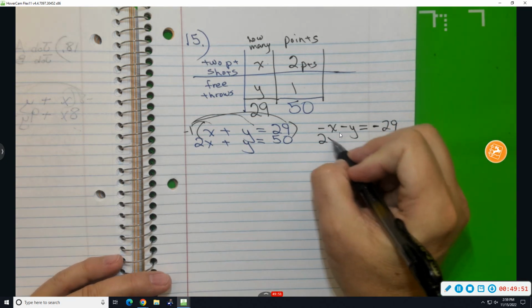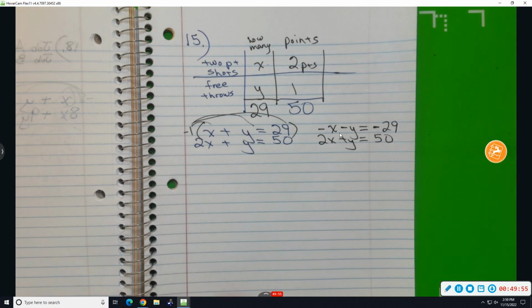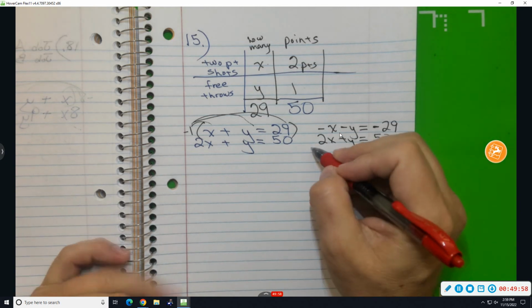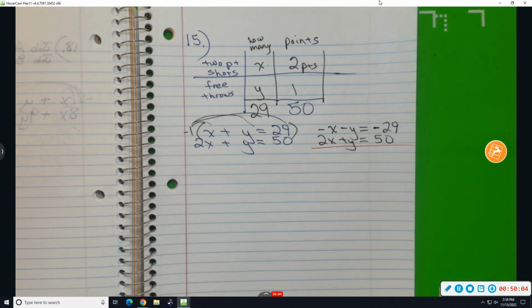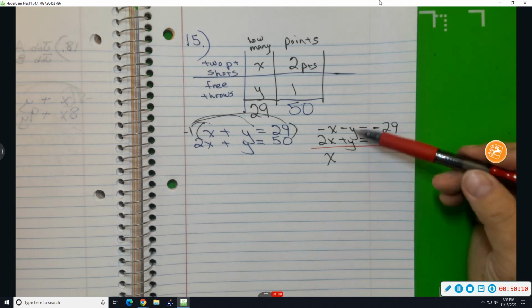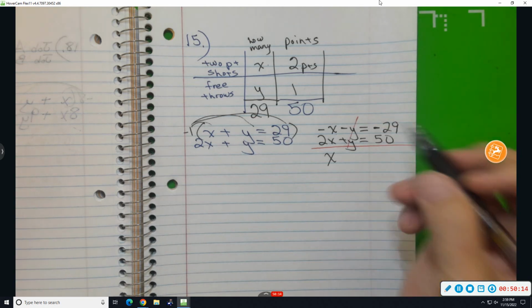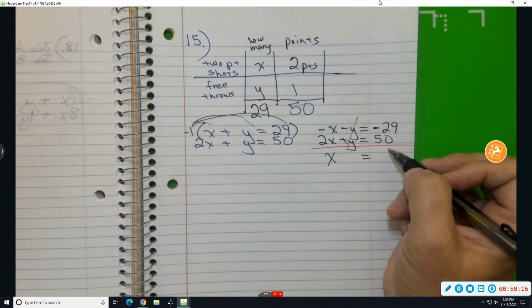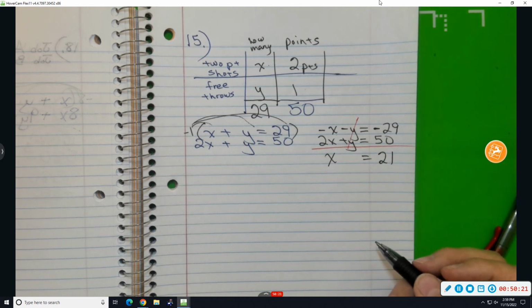And we have 2x plus y equals 50. Adding the two equations together, negative x plus 2x gives me x. What happens to the y's? So we've eliminated those. Negative 29 plus 50 gives me a positive 21.